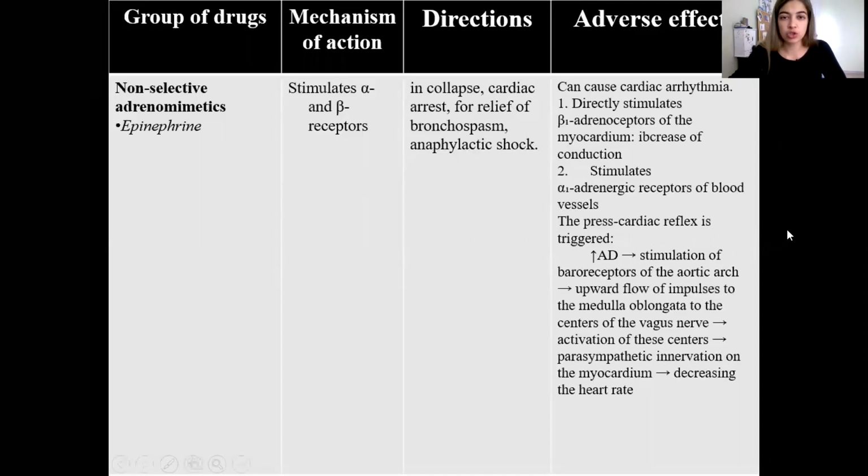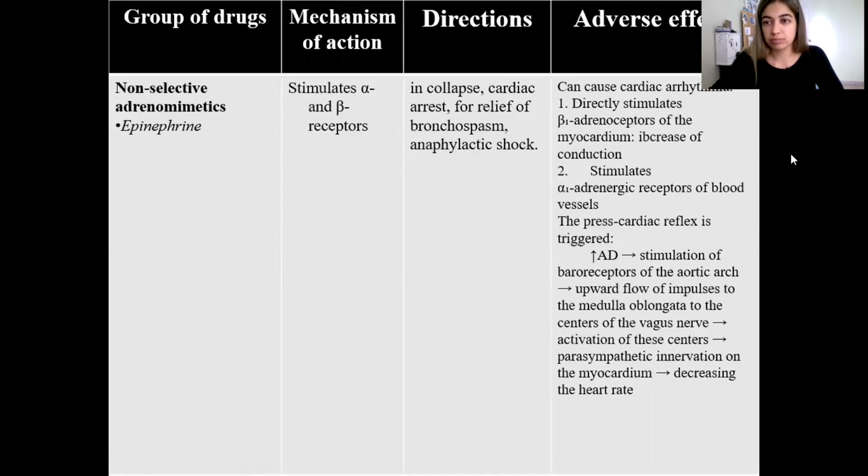You can make a screenshot and read them because I think everything is clear here, because I already told you that receptors can be stimulated, and then it depends on where these receptors are stimulated. If we are talking about bronchoconstriction, it will be relief of bronchospasm. If we are talking about vessels, it will be contraction of blood vessels and increased blood pressure, so it may be used in anaphylactic shock, and so on.